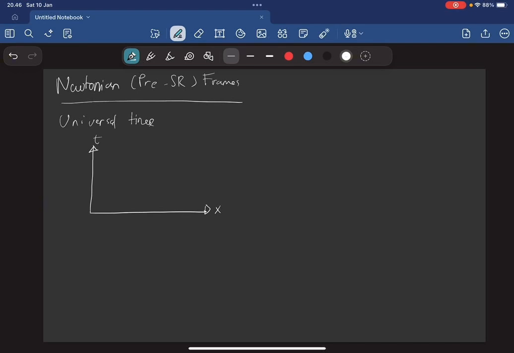You can think of it as a map of the world, but a map that shows all possible places and all possible times. If a light ray is sent out from the origin, moving toward the right, it will move with a trajectory given by this equation: x equals ct. If we chart it, it will look like this.